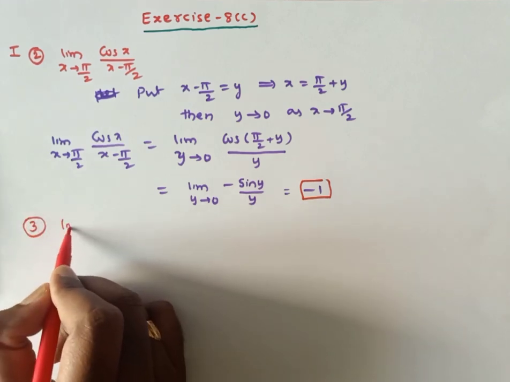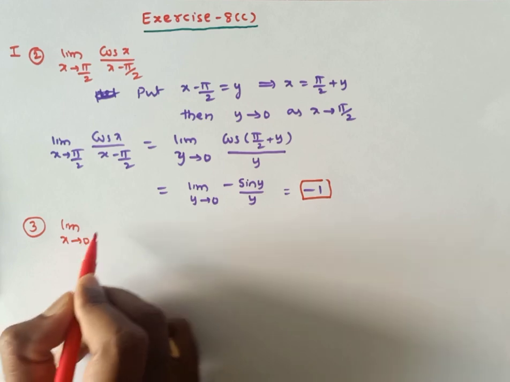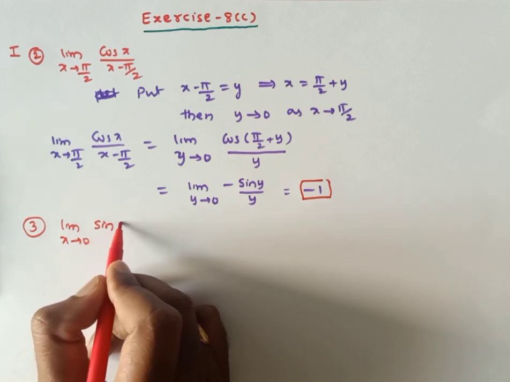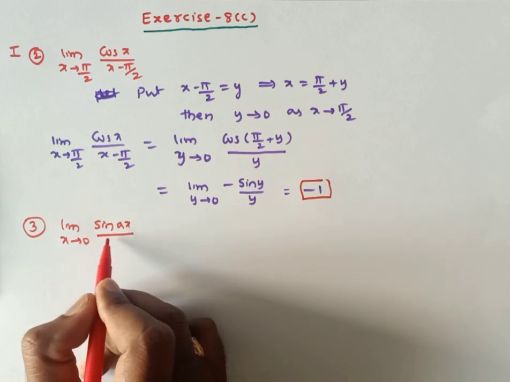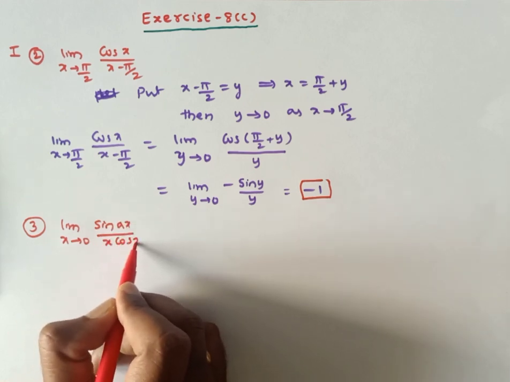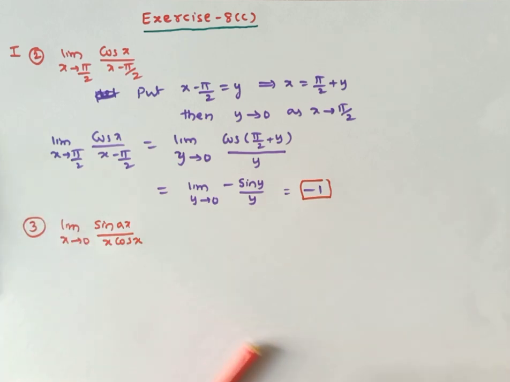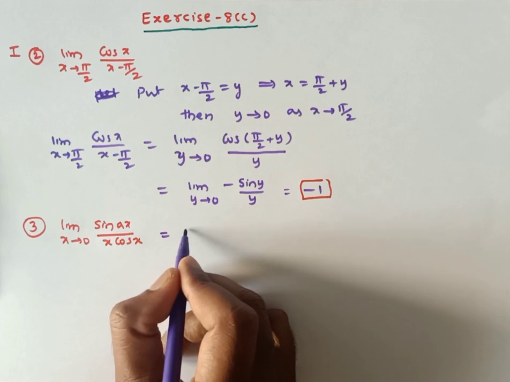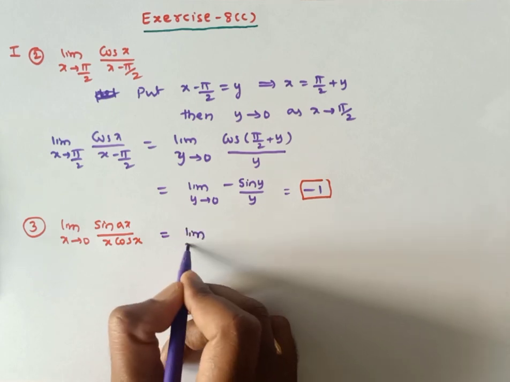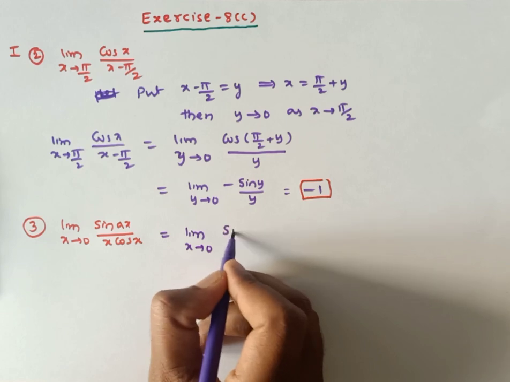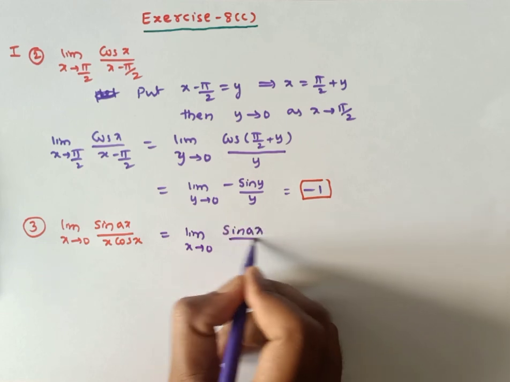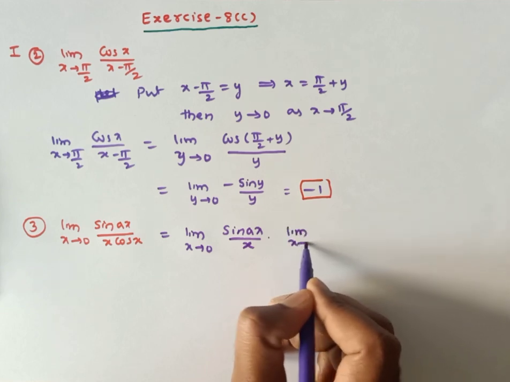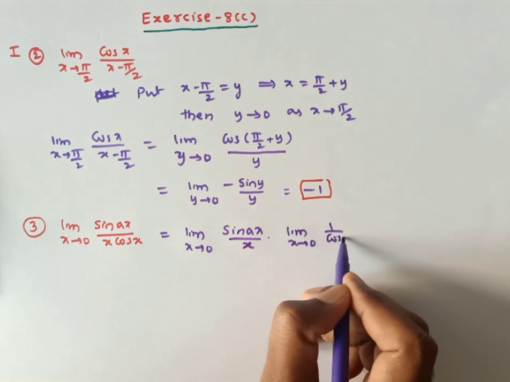And the second one, limit x tends to 0, sine of ax by x into cos x. Now we can write this as limit x tends to 0, sine ax by x, separated into sine ax by x and limit x tends to 0, 1 by cos x.